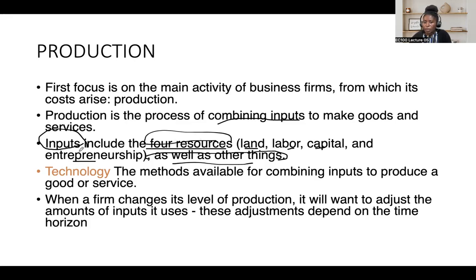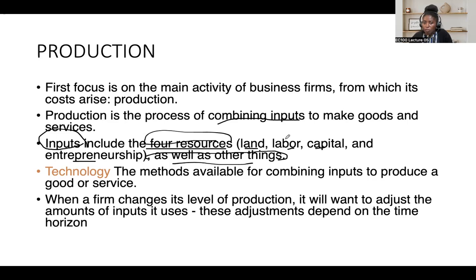Let me give you an example. If you're a farmer and you're producing, let's say, beans, and I ask you what your inputs are in your production process, you can think of resources that you know clearly. You will need a piece of land, fertile land.